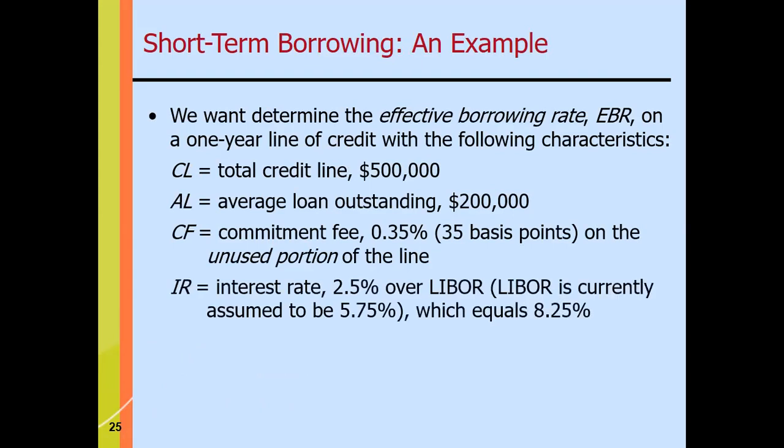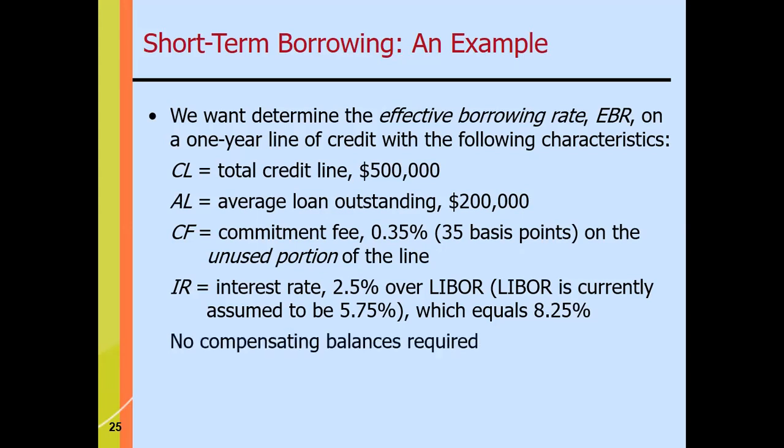IR is the interest rate, 2.5% over LIBOR. So LIBOR, or the London Interbank Offered Rate, this is British, currently assumed to be 5.75%. So in other words, the total interest rate would be equivalent to 8.25%. The 2.5% is the spread over the prime. Prime is 5.75%.